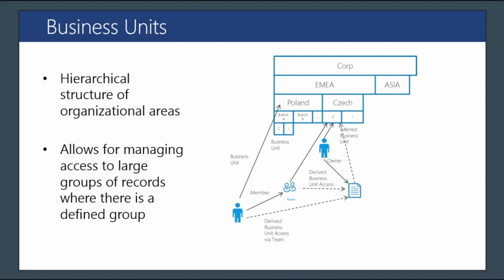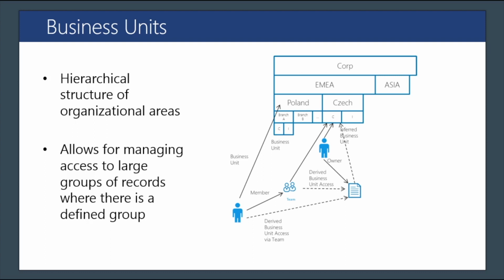And we have a user that owns a record in one of our sub-business units, business unit C. And so the inferred business unit of that record is going to be business unit C. And then we have this other member who's actually a member of the Poland business unit, but that user is also a member of a team that is associated to business unit C. And that team is granted access via the security role to this other record within the system that is owned by the user of business unit C. So the user that is a member of the Poland business unit is getting derived business unit access via the team that it's a member of to the record that's owned by business unit C.